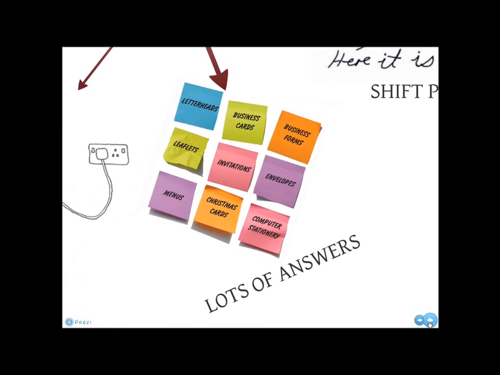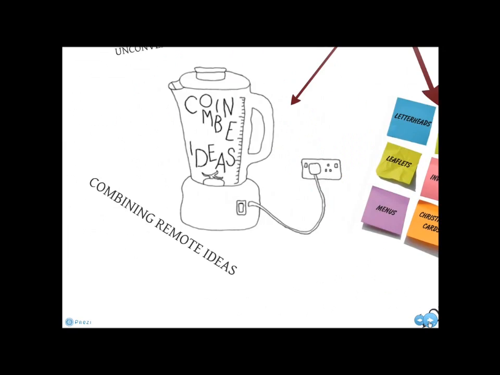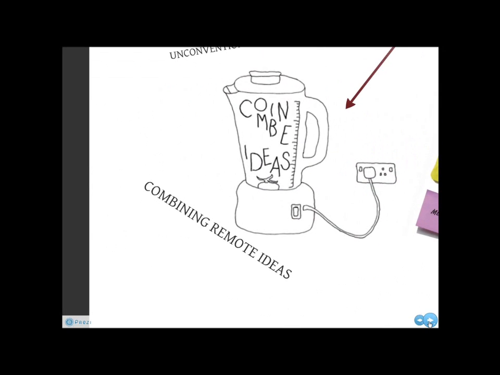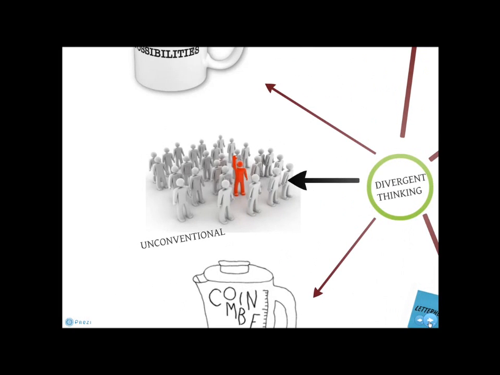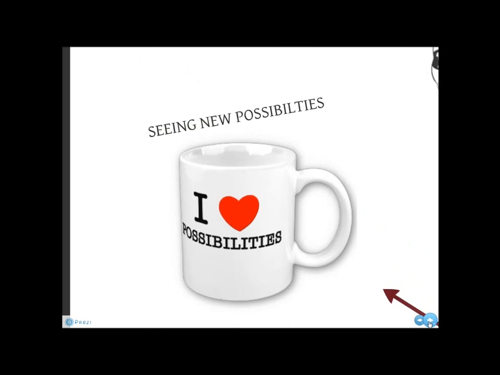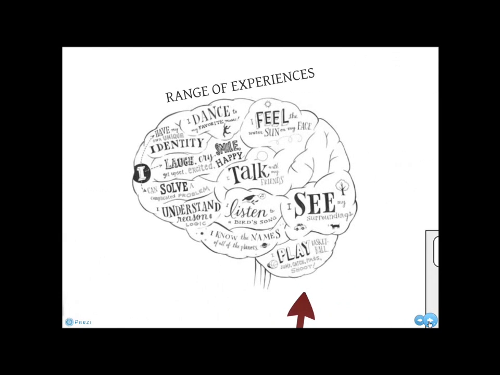They tend to focus on the production of a large volume of ideas. They tend to draw together and combine ideas that are dissimilar or seen as being remote from each other. Divergent thinking strategies are viewed as being unconventional and on focusing on uncovering or discovering new possibilities. Divergent thinking also draws upon a wide range of past experiences.